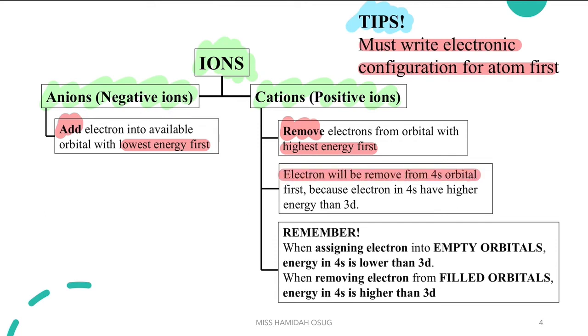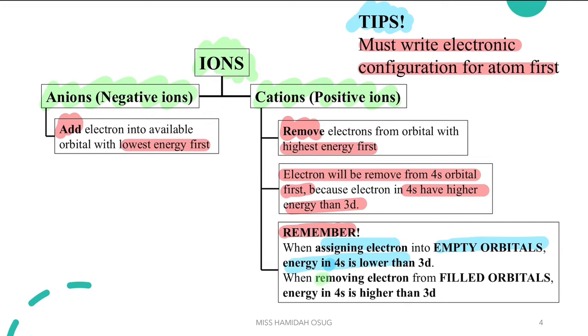Remember, for the electrons in the 4s and 3d orbitals, electrons from 4s will be removed first because 4s has a higher energy than 3d. Why is this? Because when we assign electrons into empty orbitals, the energy of 4s is lower than 3d.